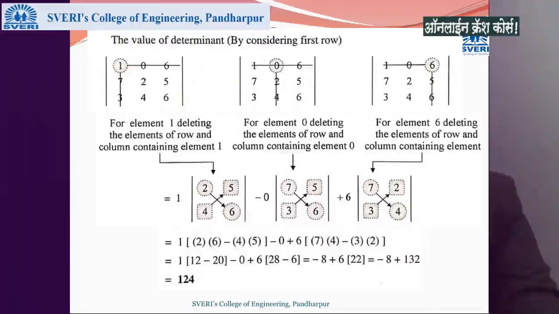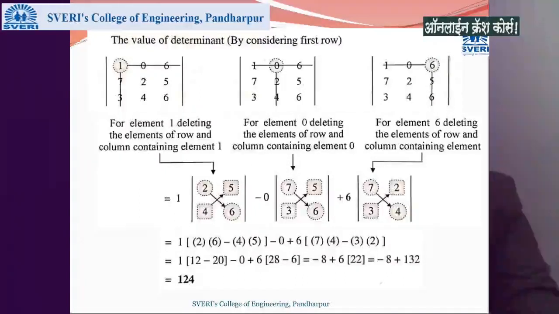So 1 in bracket 2 into 6 minus 4 into 5, minus the second term is 0, and anything multiplied by 0 is 0, plus 6 in bracket 7 into 4 minus 3 into 2.